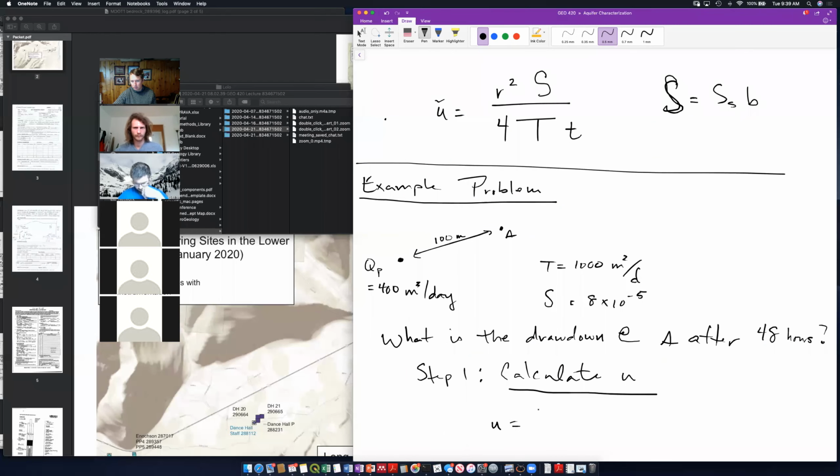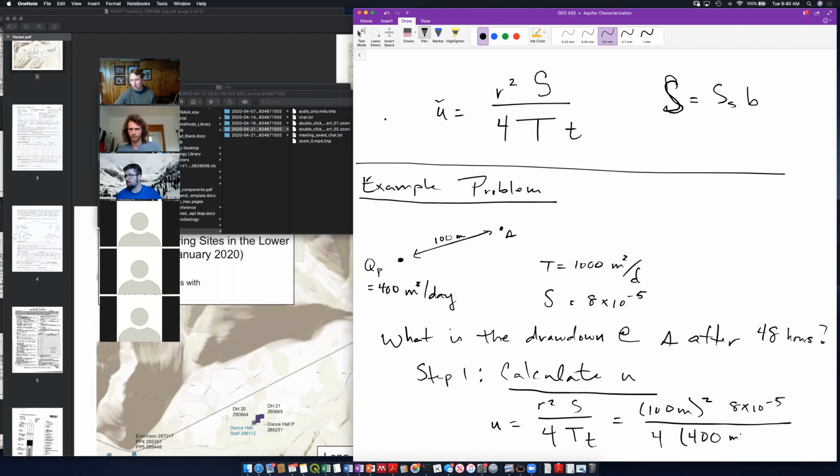So u is equal to r squared S over 4 T t. So r squared, well, r was 100 meters, squared. S, 8 times 10 to the minus 5th. 4. Transmissivity, oh, wait, transmissivity 1,000.